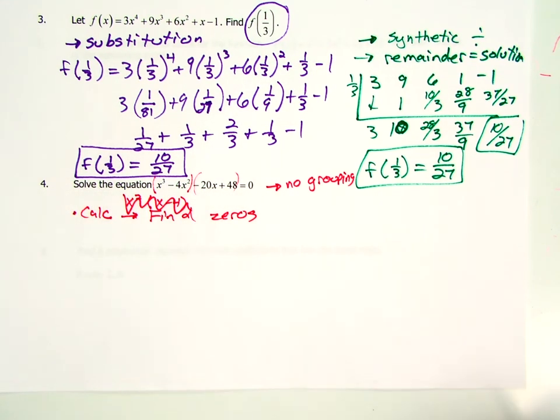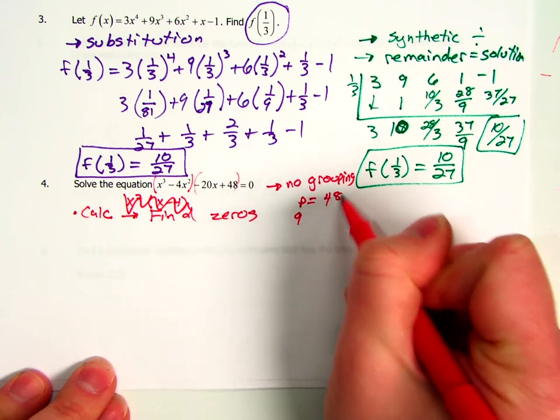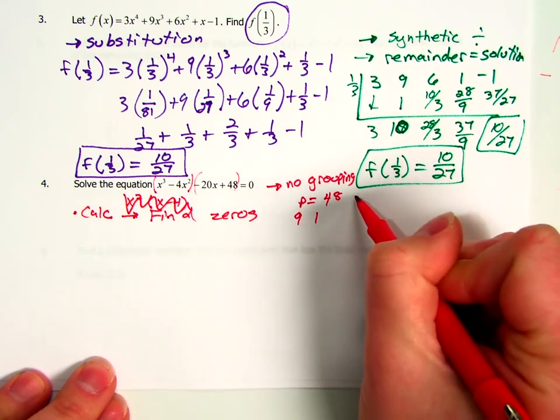Now we should also make a list of our p's and q's first, right? So p is 48, q is 1.